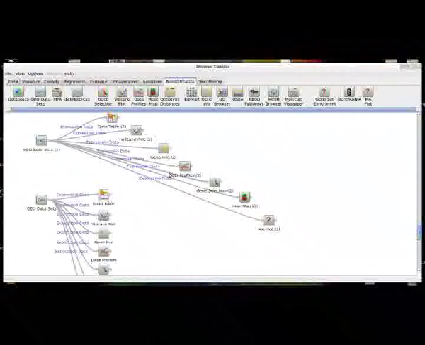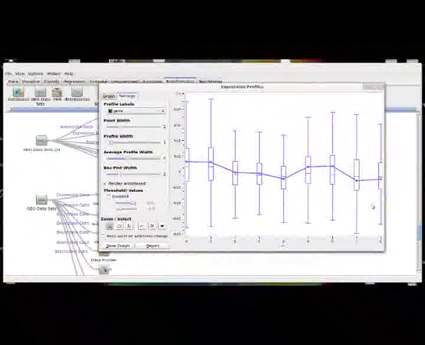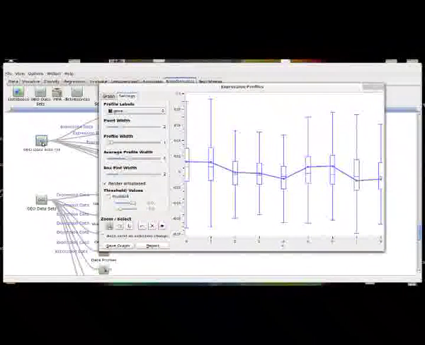So now we're going to look at our data profiles widget. This is looking at the expression levels of the 9 different samples that we have in our differentiated tissue sample data set that we got from the GeoDataSets widget.